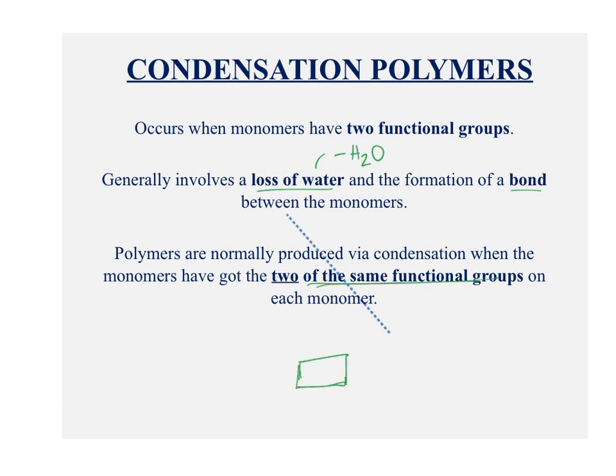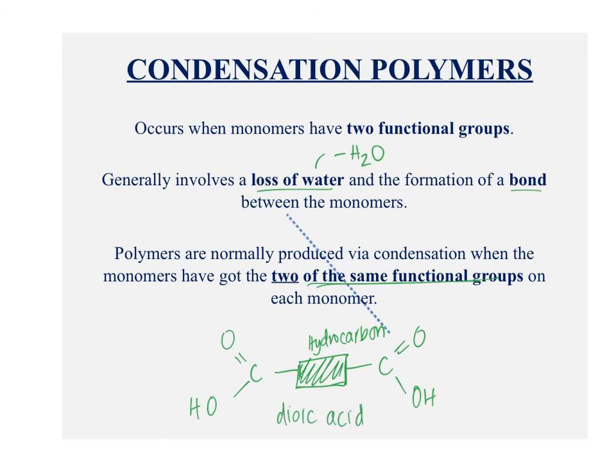So we can generally just draw a box for a hydrocarbon chain, and then we can put our functional groups at the side. Okay, so you can see here that I've got two carboxylic acid groups, and that is a dioic acid. Okay, so a something dioic acid depending on the length of the hydrocarbons in the chain.